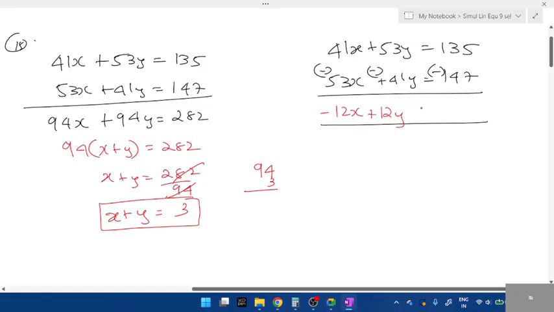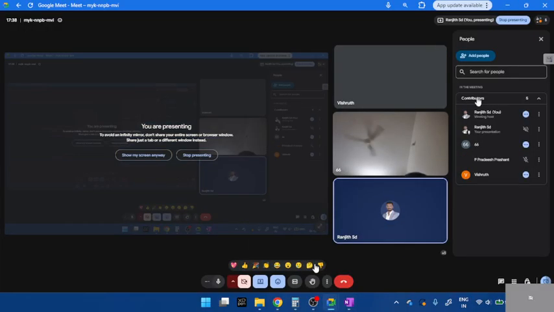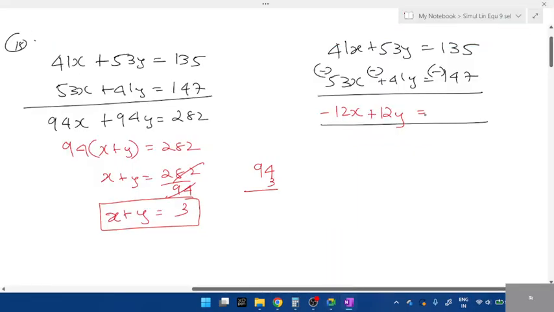Plus 12y, right? But then after this, what do you get here? Let Vishrut answer, Joven. What do you get there, Vishrut? Minus 12. Okay, now what is common to them? If I take 12, what's the remainder?